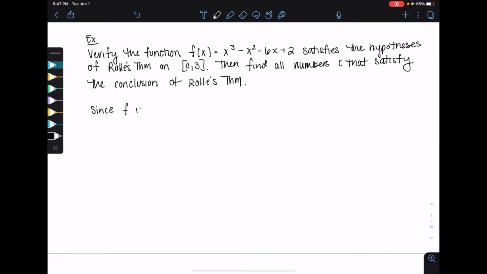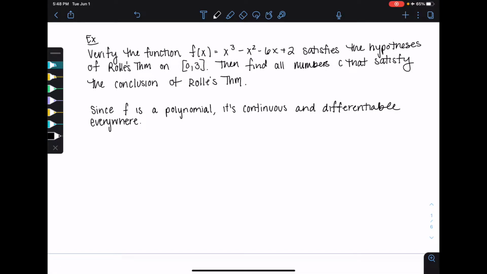Since f is a polynomial, it's continuous and differentiable everywhere. So my first two hypotheses are satisfied.